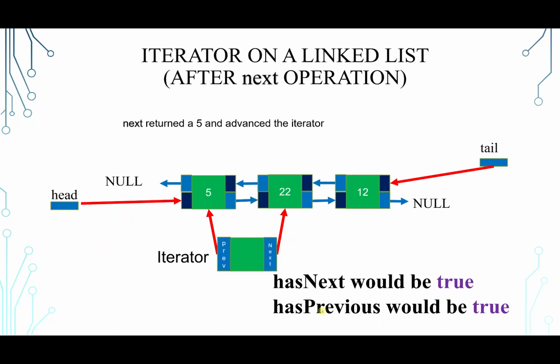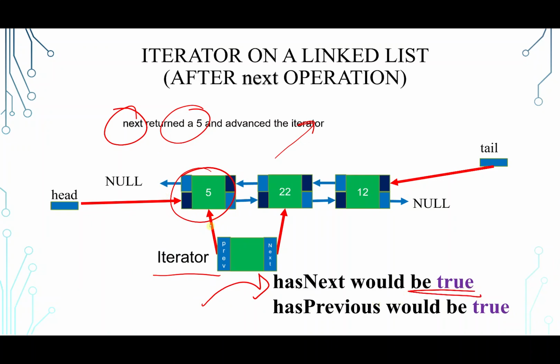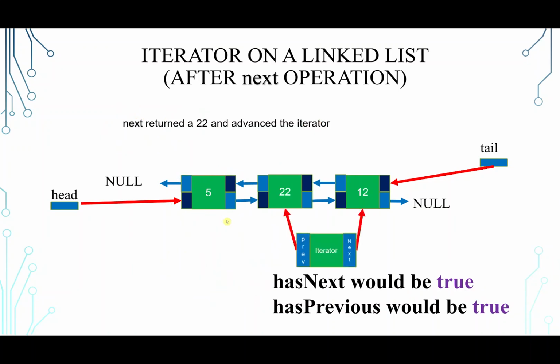If we move on the iterator, and you can move on the iterator by using next. next is returning 5 and advances the iterator. If you use iterator.next, it advances the iterator, moving past the last thing it was pointing at, which is the 5. So hasNext would be true because yes, it does point to a next, and it does point to a previous. So yes, both are true.